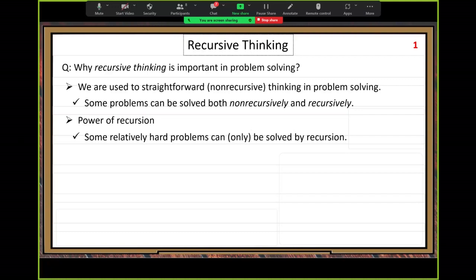People can argue. Or we can say it this way: if you do not use recursion, some problems are extremely hard to solve. We will see some such examples.